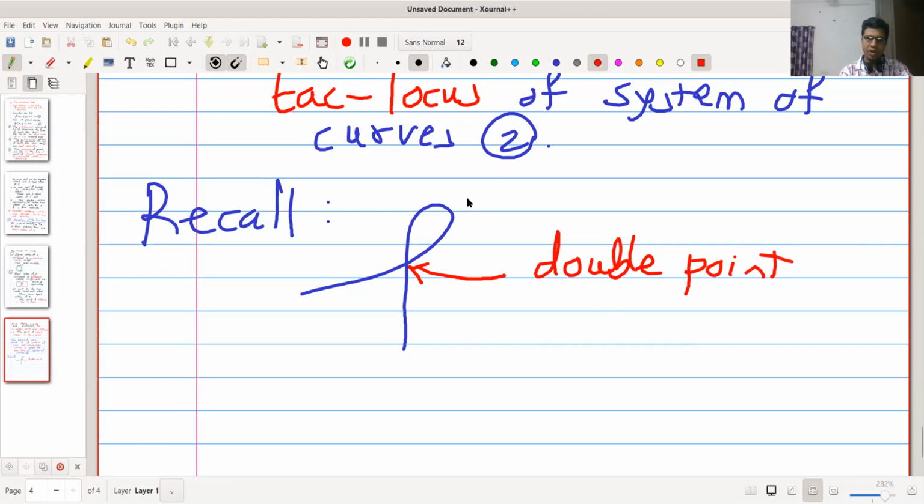And this thing is called a node. This point is double point or nodal point.